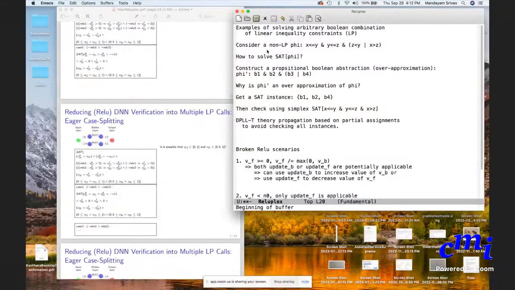Consider this formula that I've highlighted, phi, which is not a simple conjunction of linear inequalities, because the third conjunct has a disjunction. Read the vertical bar as OR, and this is a logical AND. So you cannot just send it to simplex, because this is not an LP instance, not a simple conjunction.